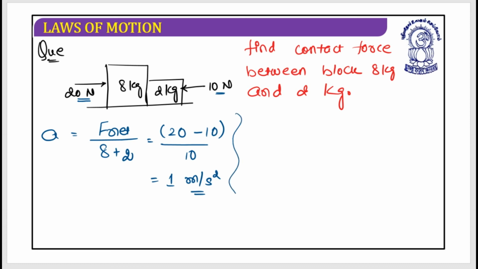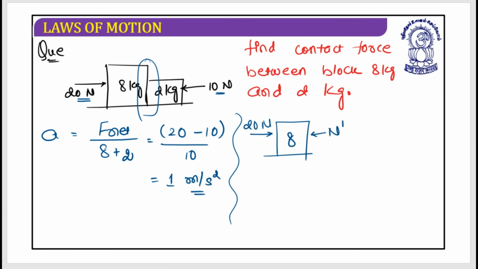Great. Now let's work on the normal force. Let's suppose we draw a free body diagram of the 8 kg block, showing the forces acting in the horizontal direction, because at this point we are interested in horizontal motion only. This is the 20 Newton force that I can see here. These two bodies are in contact, and that's why the 2 kg block is going to push the 8 kg block, something like this.